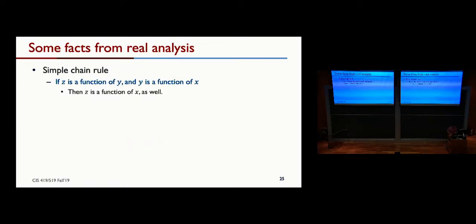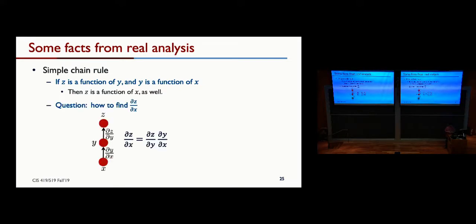All right, great. Now, some compositions. So if z is a function of y, and y is a function of x, then z is also a function of x, right? Okay, great. The derivative in that case becomes this. So you have a value x, you have a value y, which is a function of x, and then you have a value z, which depends on y.